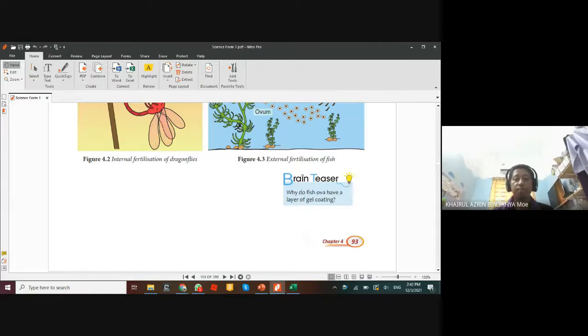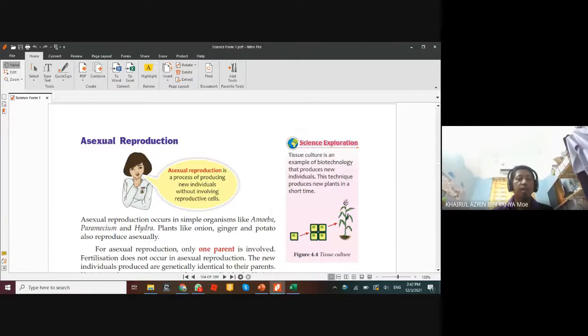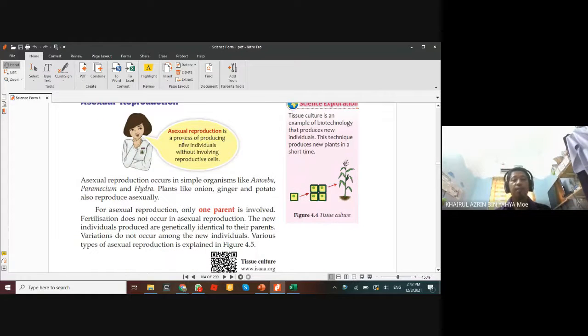Next. Okay. Asexual reproduction. Asexual reproduction is a process of producing new individuals without involving reproductive cells. Asexual reproduction occurs in simple organisms, very small organisms, like amoeba, paramecium, and hydra.